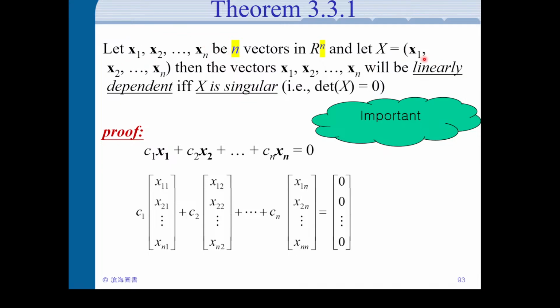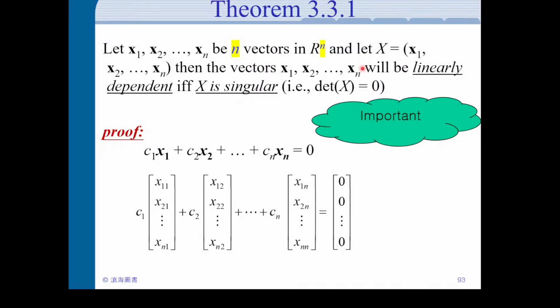So X is x1 to xn. This also satisfies our notation for matrices before, where if we have a big matrix X, we can write each column vector as a small case x. So small case x1, x2 to xn are the column vectors of big X.